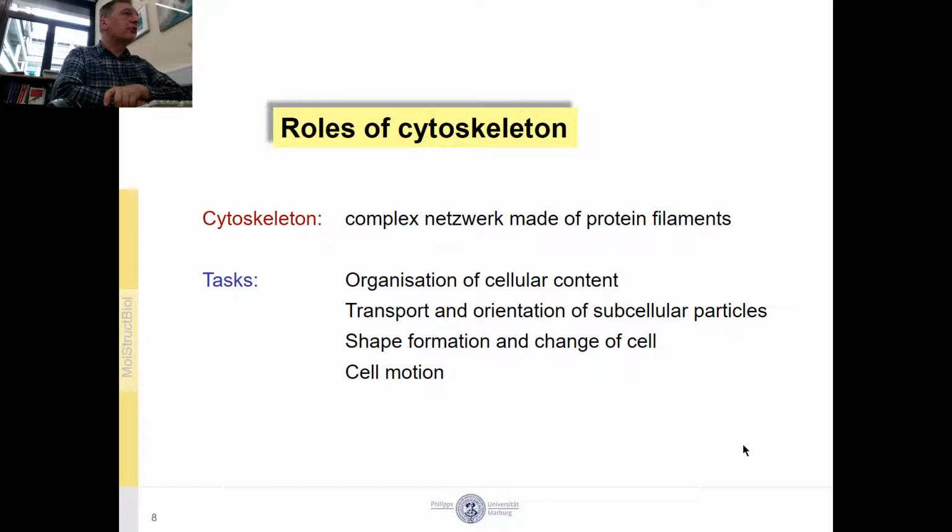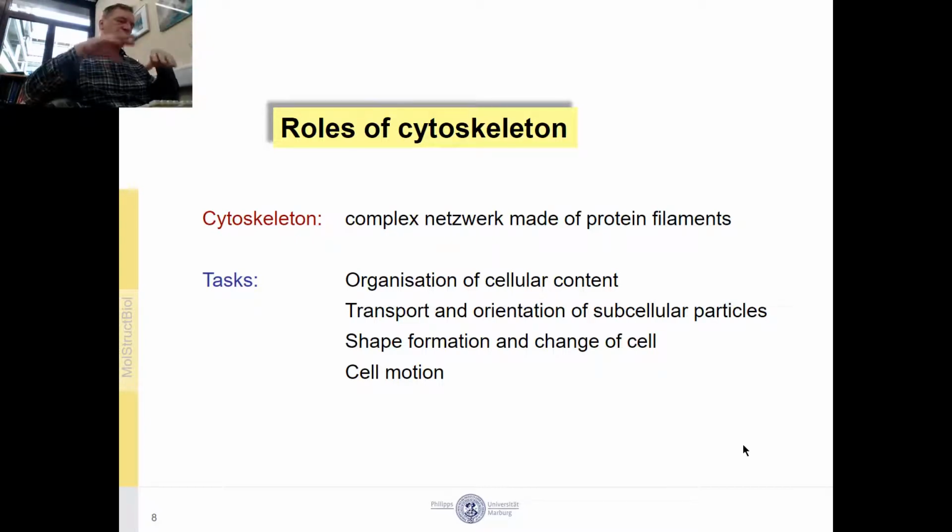Just to remind you, we are a multicellular organism. So we have, of course, very differently shaped cells. And the cytoskeleton actually is a very complex network made of protein filaments. So not monomeric proteins, but really filaments, which are formed inside the cell. These filaments organize the distribution of the cellular contents.